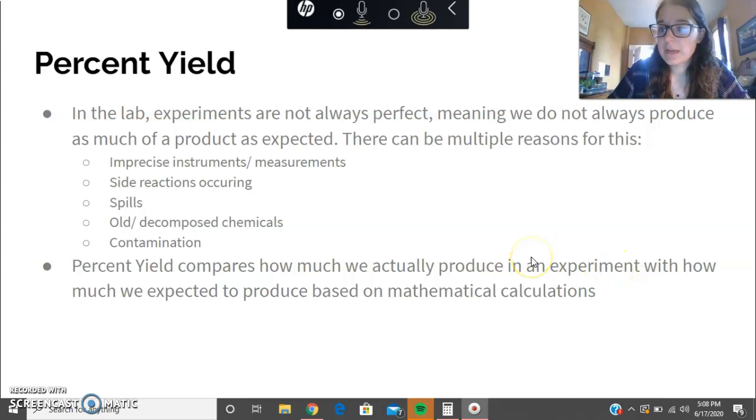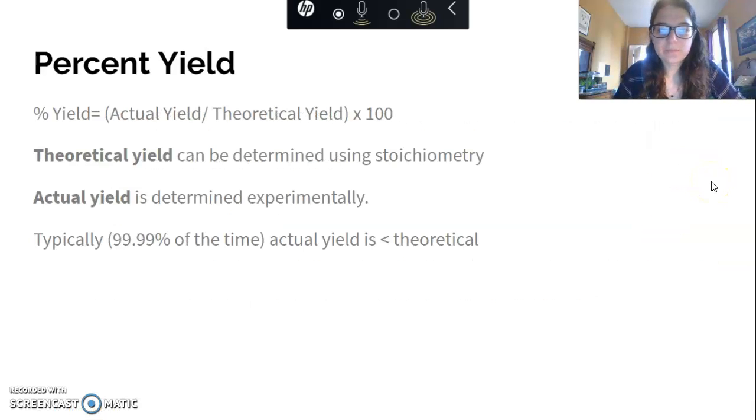So when we find percent yield, we're taking the actual yield, what we actually get when we perform the experiment, and dividing by the theoretical yield, which again comes from stoichiometry, and then multiplying by 100.